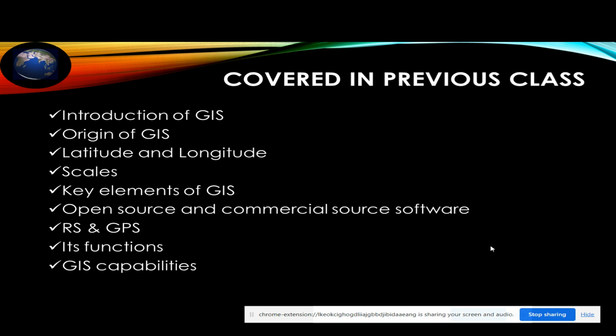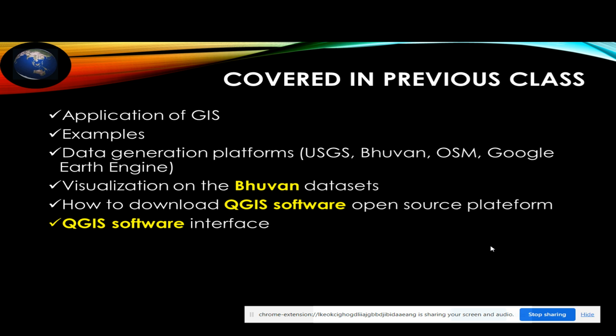What are the capabilities of GIS, how it has been used for different perspectives of engineering and medical. And what are the application examples, how we have generated data. Last time I went through the US Geological Survey platform to show what data sources are available, and Bhuvan also, that online Indian platform where we can collect the data and use it for our own analysis and output results as per our need.